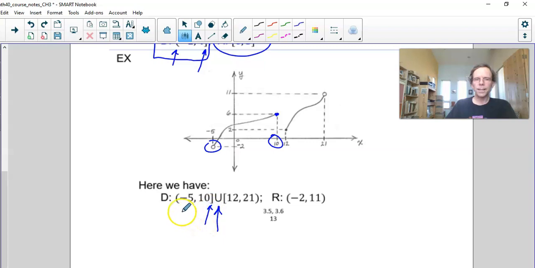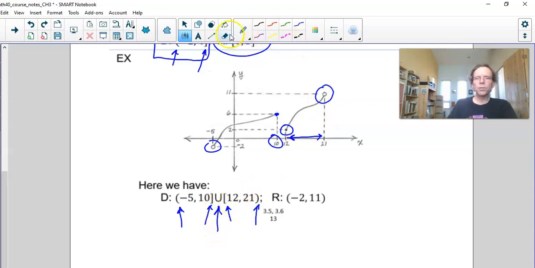So square bracket at 10, parentheses at -5. And then the second piece goes everywhere from 12 to 21. We're going to include the 12 because of the solid dot, and we're going to not include 21 because it's got an open circle. Okay, so then we're going to stick the 2 together with a union.